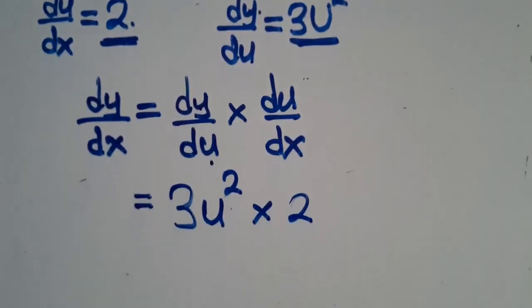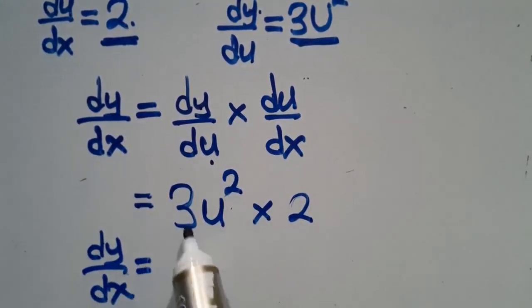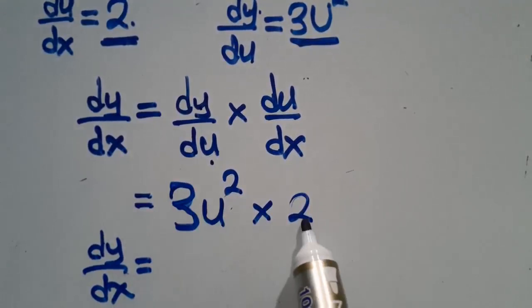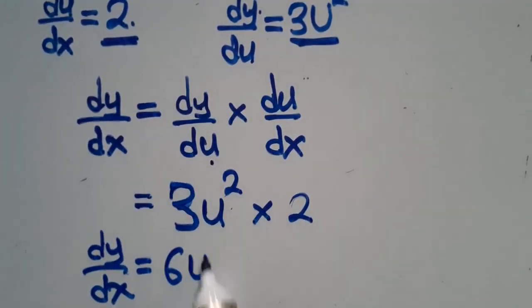So dy/dx is equal to 3 times 2, that is 6u squared.